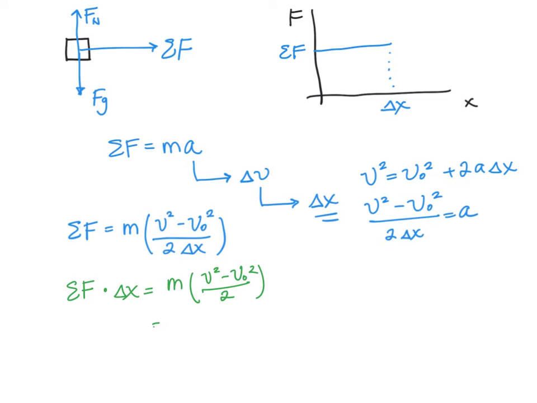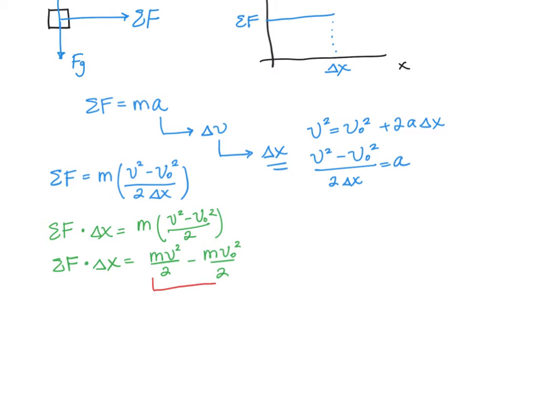And then, really look at that, that would just be mv squared over 2 minus m v initial squared over 2. And that's what occurs when there is this net force that's acting on the system through a change in position. So what is this?